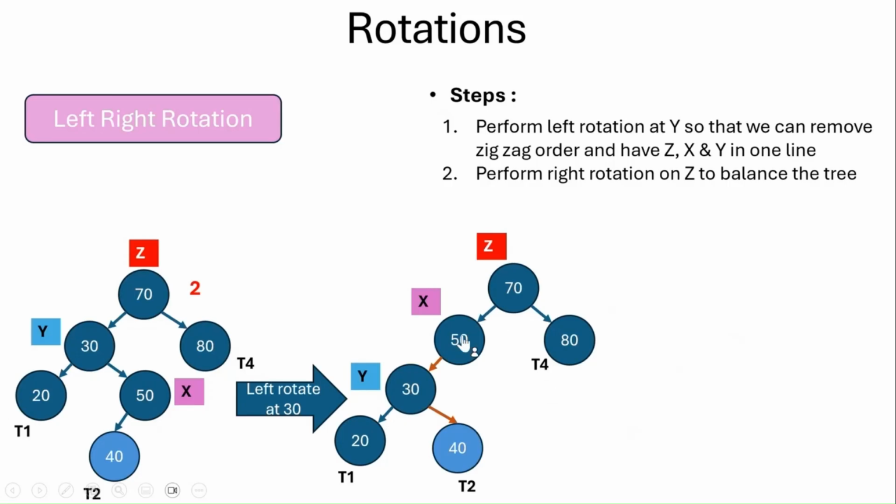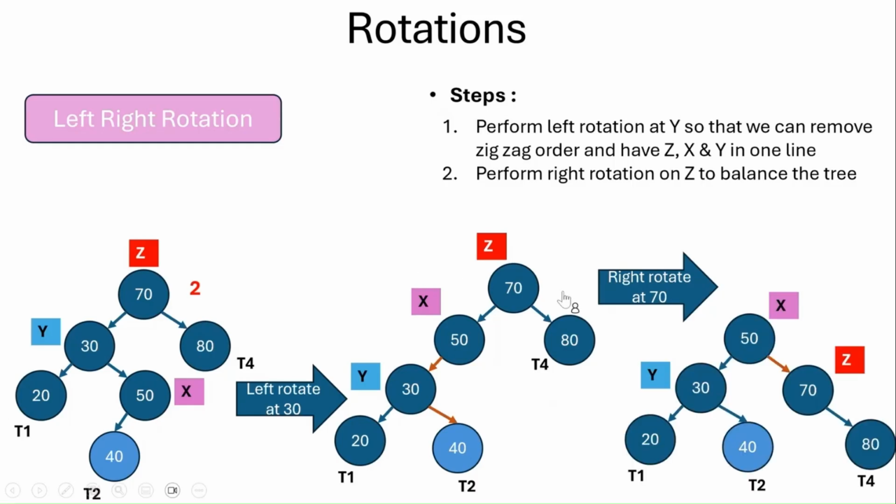Now we did the left rotation at Y, or 30. Now we need to do the right rotation at Z. Right rotate at 70. Right rotate means the left child of Z becomes the new root, which is 50, and Z becomes the right child of that new root, like this. And 50 does not have any right subtree, so no change there.